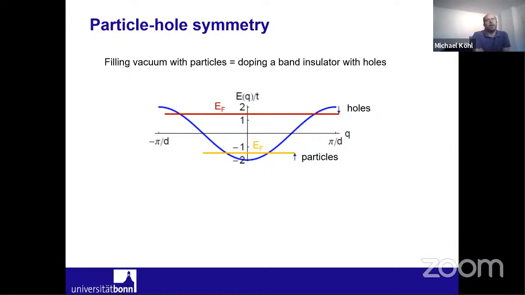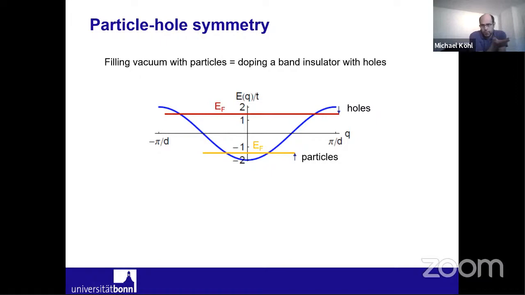You could say, what happens if I have a completely filled band and I start removing particles from this? In this case, you would start from the very top of the band structure and work your way downwards as you add more and more holes. Then you would get to a Fermi energy of the holes, measured with respect to the completely filled band.